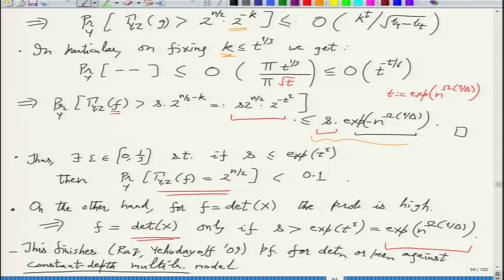That's a mistake, I think this is not exp. T should be just n to the 1 by delta. So in the t product case, we took t to be n to the 1 by delta, and that is what you then get in the exponent of error probability. So the higher delta is, the weaker a result you are getting.